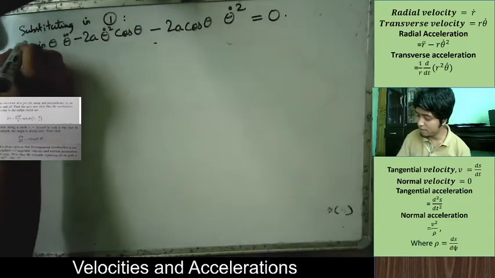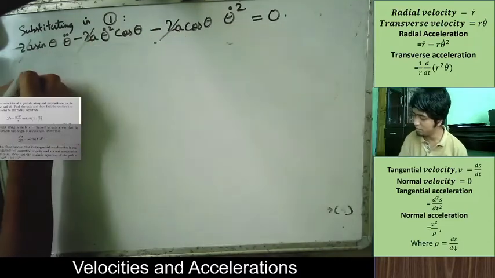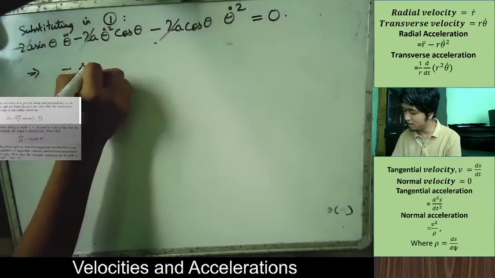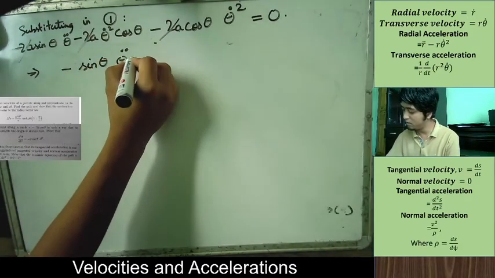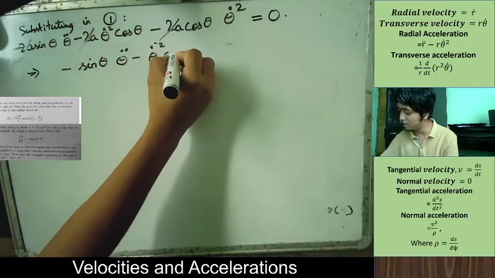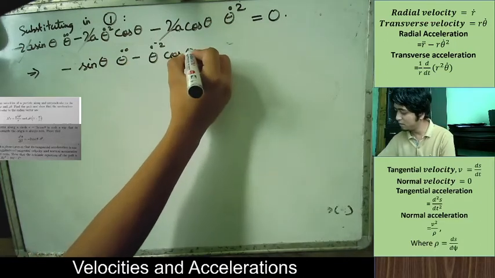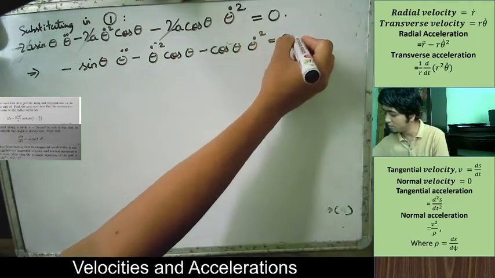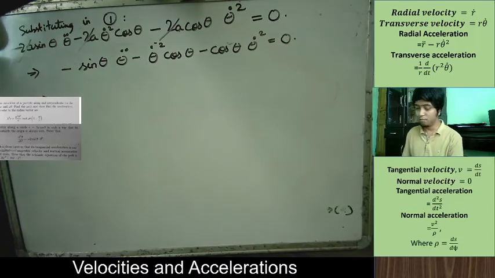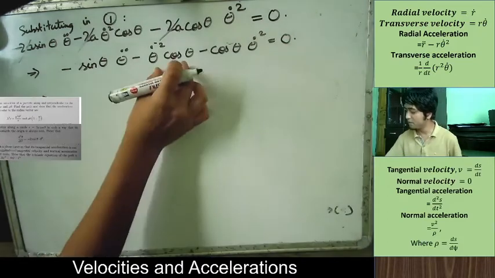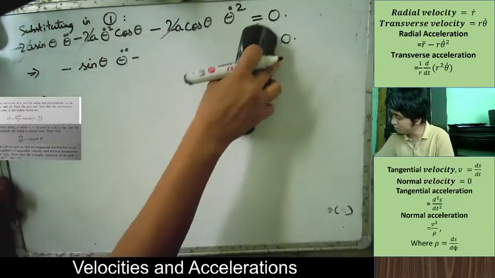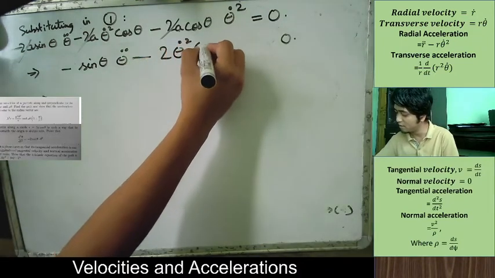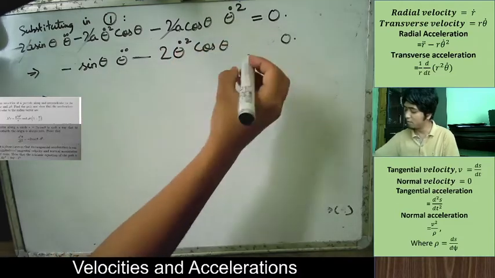Now we can cancel all the 2a, so we will be having minus sine theta double dot minus theta dot square cos theta minus cos theta theta dot square equal to 0. If you are noticing, this one and this one are exactly the same, so we can write it as minus 2 theta dot square cos theta. We can take this one to this side.